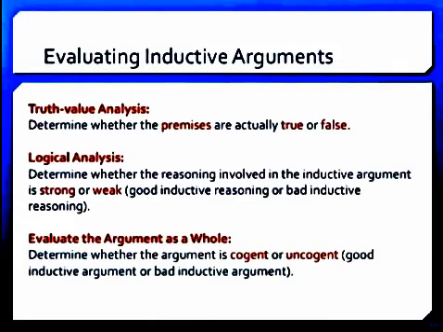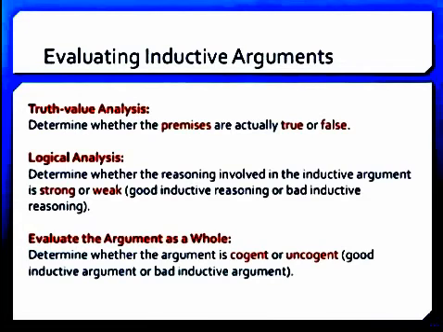Weak reasoning refers to the type of reasoning in inductive arguments where even if the premises were true, those premises would not provide support for the conclusion being probably true. So, if you ask yourself, assuming that the premises are true, do they provide support for the conclusion probably being true? And the answer is no, then the argument is a weak argument. In other words, it has weak inductive reasoning.